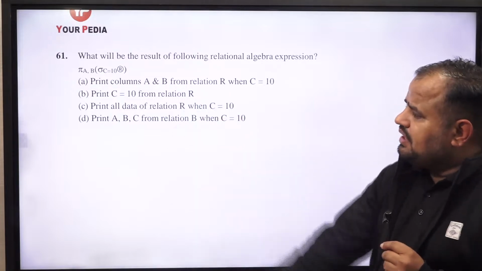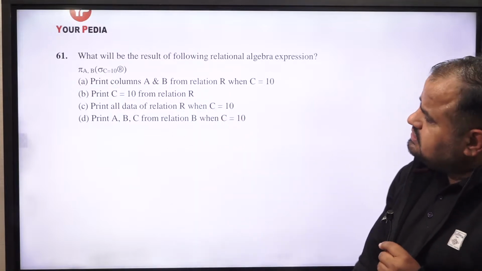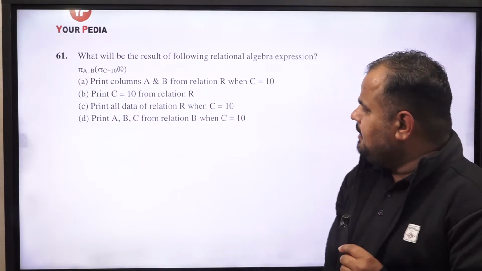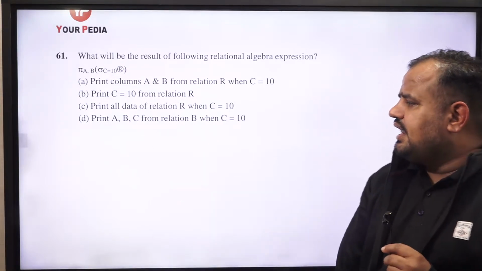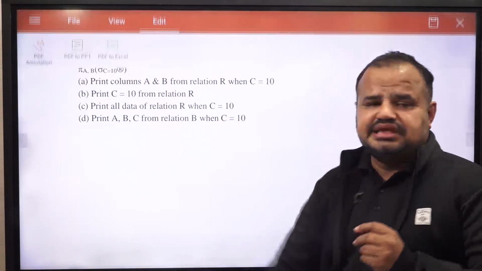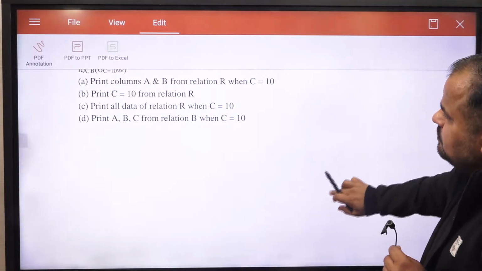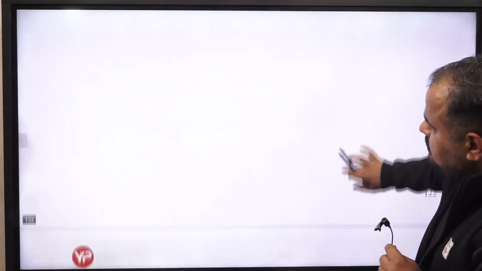So B is the wrong answer because there is no such information related to A and B. And again, D is incorrect because it is also showing the C column. Fine, keep in mind. So this is the wrong answer. So A is the right one.